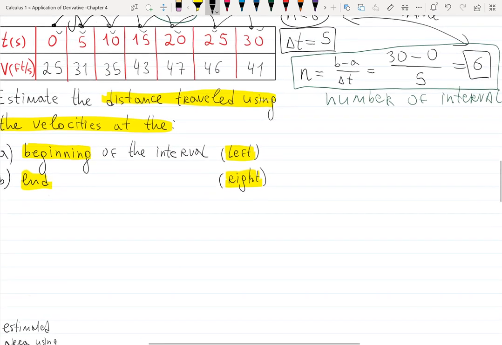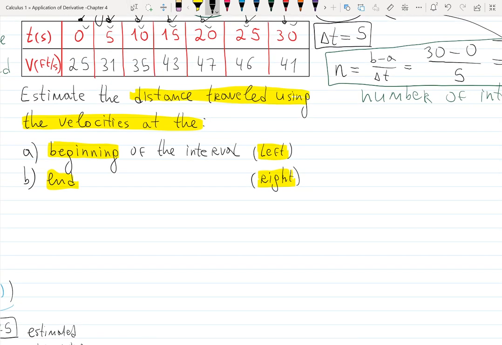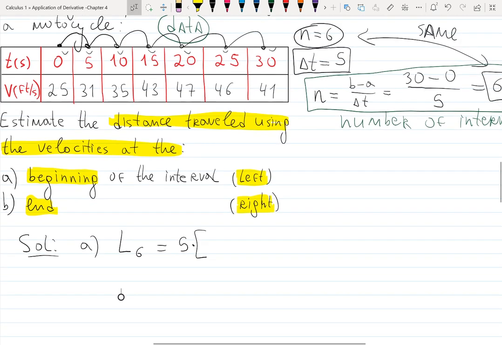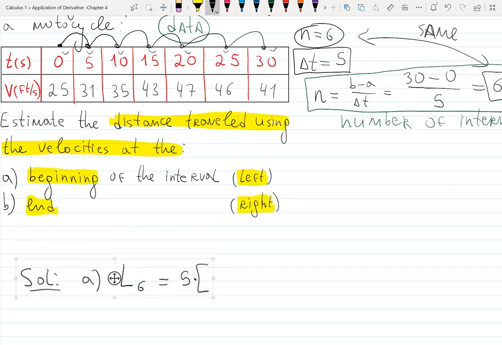That's actually not going to take a lot. For A, solution. Using left endpoints, I will call it L sub 6, 5 should be factored out because 5 is the same. Remember distance. Let me remind you, we had this in the previous video, but maybe you forgot. Distance can be found as what kind of product?